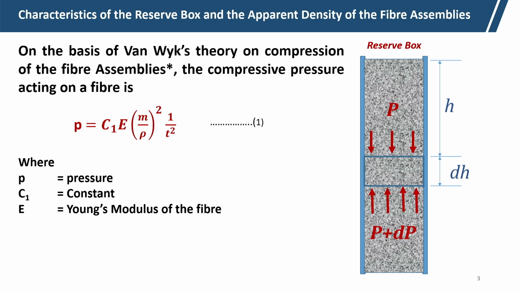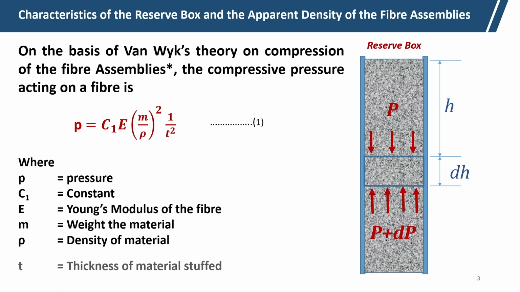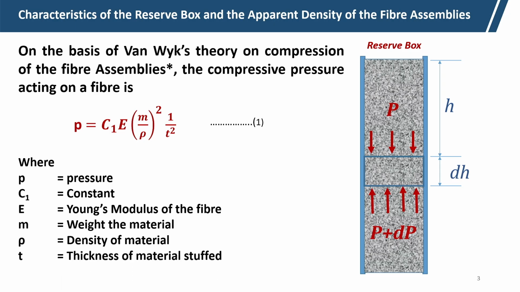So, fiber's Young's modulus is important because it is related with the bending force or bending rigidity. M is the weight of material, rho is the density of material, fiber density, like for cotton it will be approximately 1.52, and T is the thickness of material stuffed.